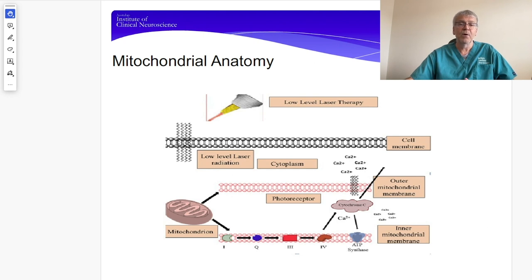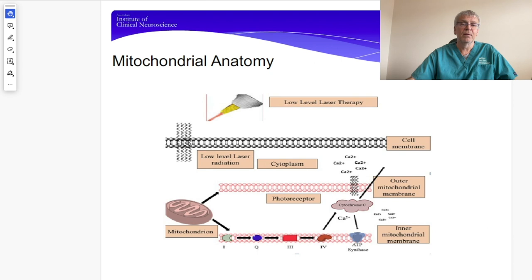We have the cell membrane, which is the membrane surrounding the cell that contains the mitochondria.